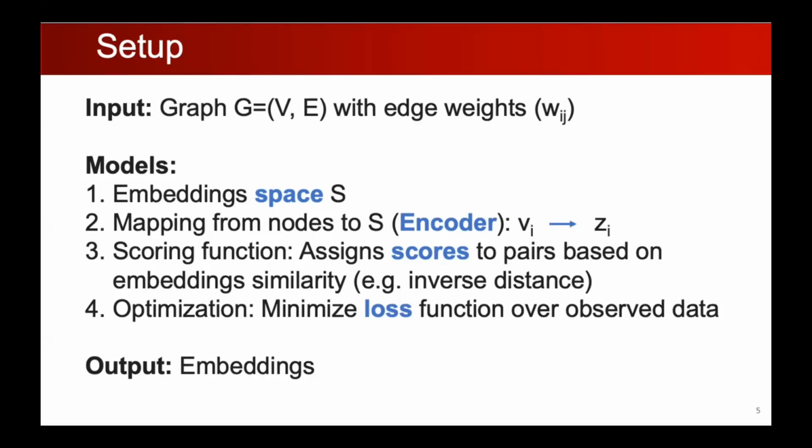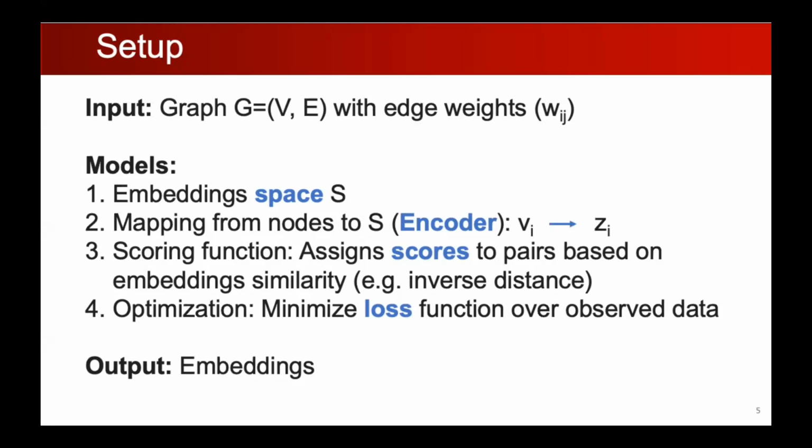The second component is an encoder, which essentially maps the input vertices to the embeddings, the continuous representation in the embedding space that was chosen in step 1. And so there are different ways to do this encoding, and the simplest way is just to do an embedding lookup, like a vocabulary which assigns the vertex ID to the embedding.